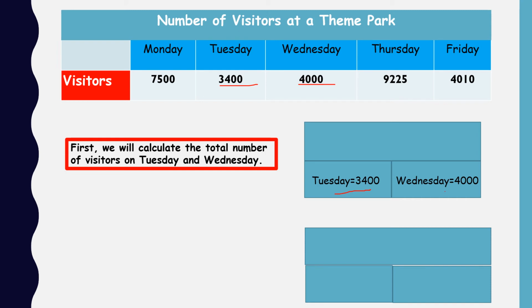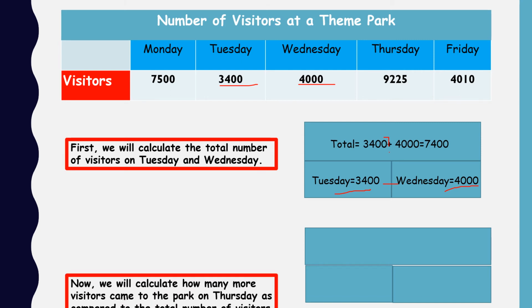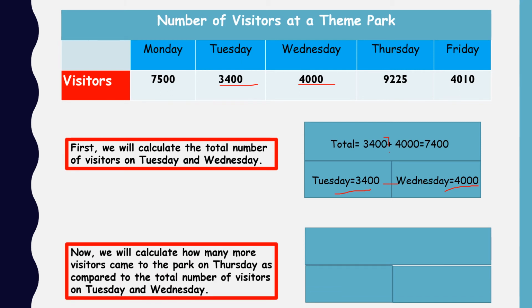On Wednesday the park had 4,000 visitors. To find this total, we are going to add these two values together. So the total number of visitors on Tuesday and Wednesday was 7,400.